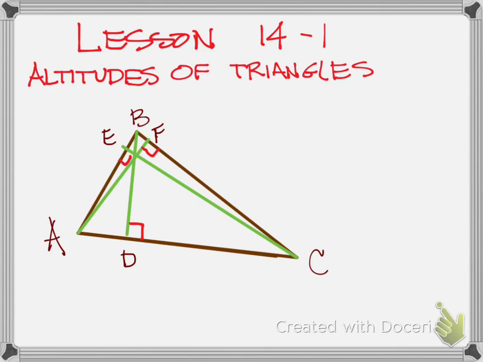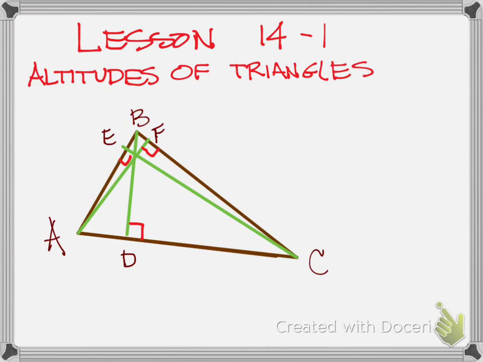And then segment CE is another altitude. It's perpendicular to segment AB. And segment AF is a third altitude, and it's perpendicular to segment BC. So each triangle has three different altitudes that could be drawn.